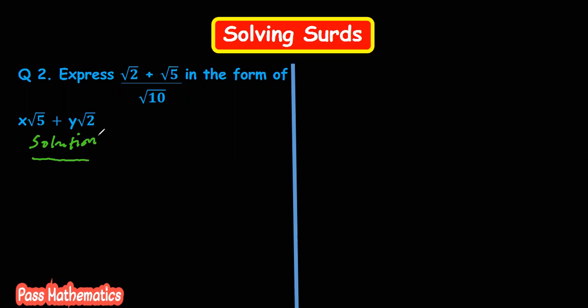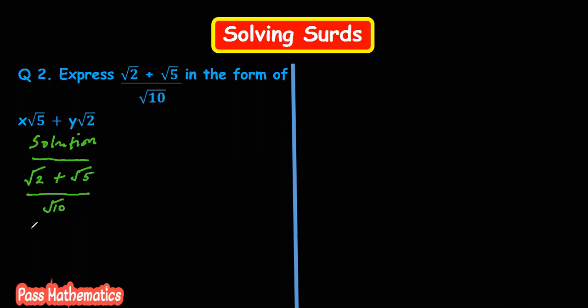We have root 2 plus root 5 over root 10. The first thing to do here is to rationalize this by multiplying the numerator by root 10, and the denominator by root 10 as well.